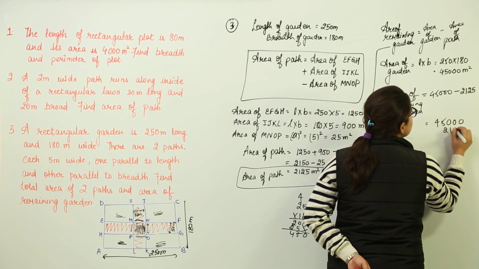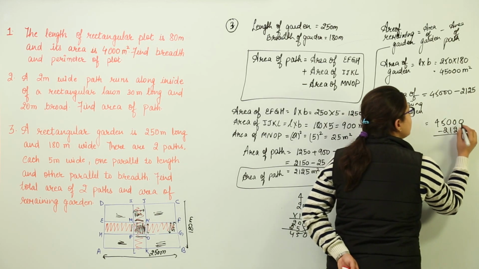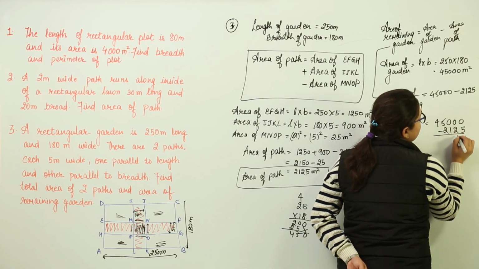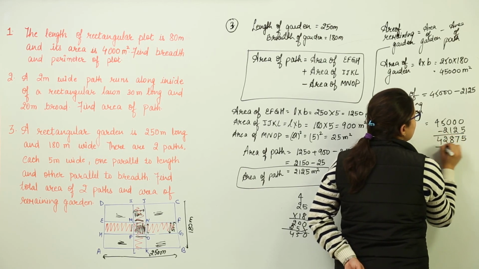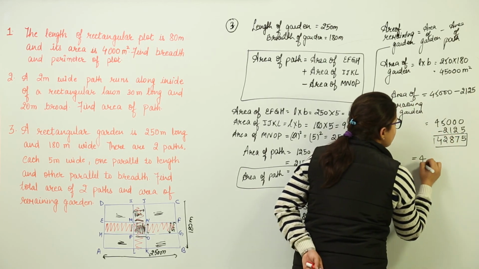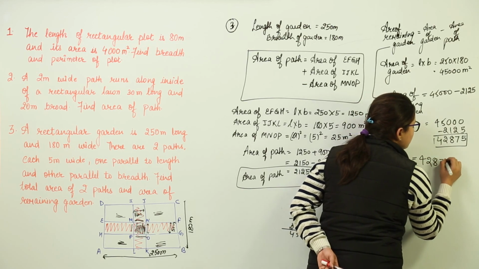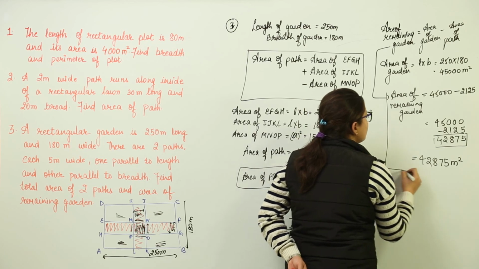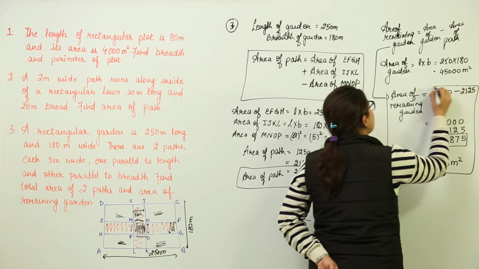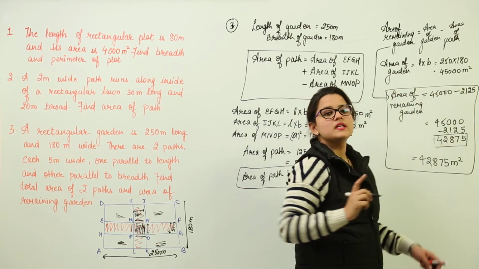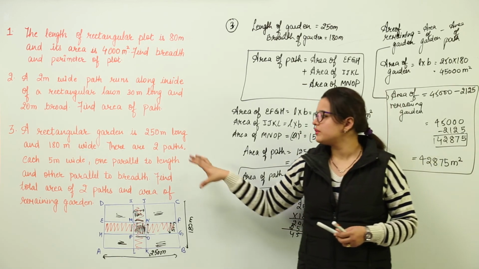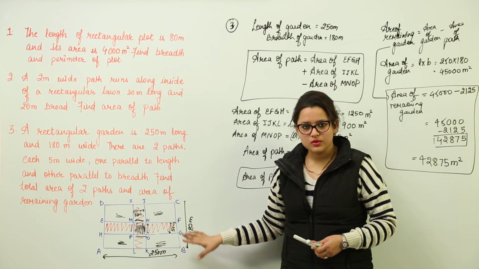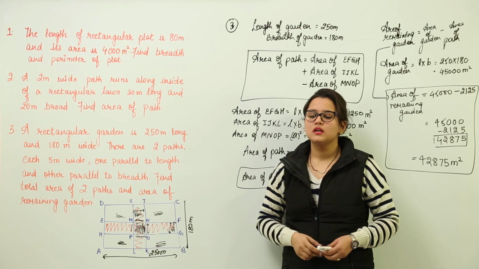We would get 42875 meter square as the area of remaining garden that was to be found. So always in such questions, first of all read the question, draw the figure for the same and then apply the calculations.